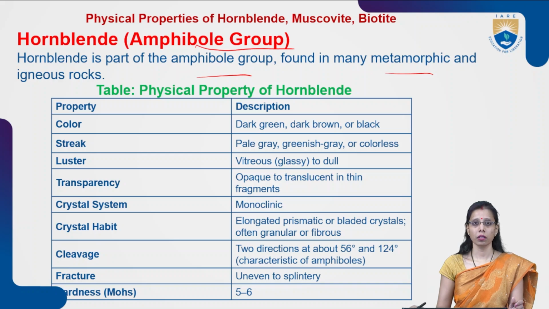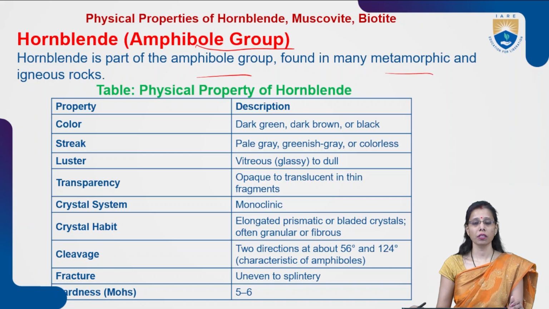I think you remember in the previous lecture we already discussed what a metamorphic rock is, what an igneous rock is and what a sedimentary rock is. Metamorphic rock is the formation of rock from a parent rock, like sedimentary or igneous or metamorphic itself, when it goes through very high heat and pressure conditions.